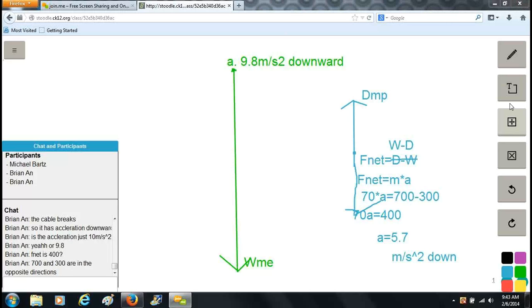You're absolutely right. However, if you look at the free body diagram here, we have a drag force up of 300 newtons, and a weight force downward of 700 newtons. So the net force is not going to be 700 newtons. If it was, they would be accelerating downward, like in figure A. Now the net force is smaller. It's only 400 newtons, and so their acceleration isn't as much.